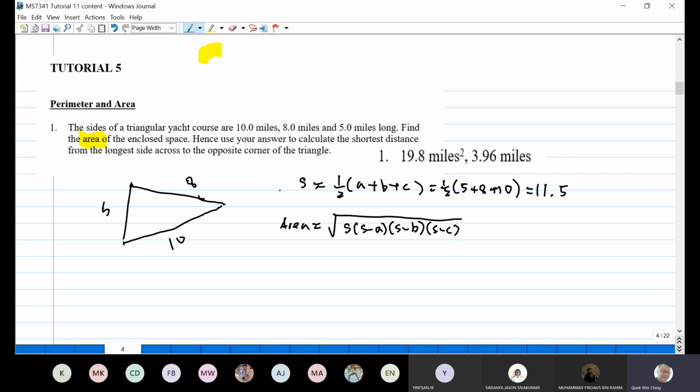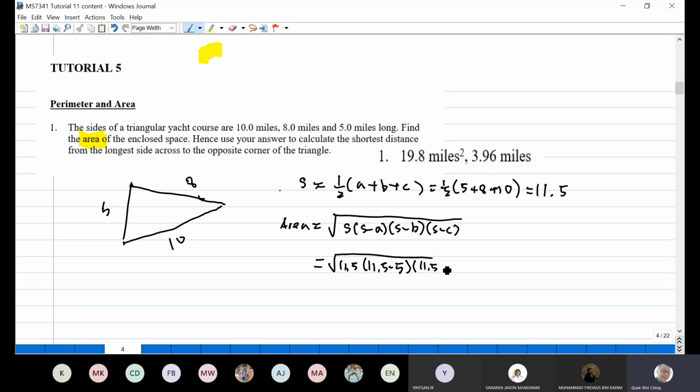So you put in s equal to 11.5. Then 11.5 minus 5, you will get 6.5. Okay, I write down 11.5 minus 5 is 6.5.